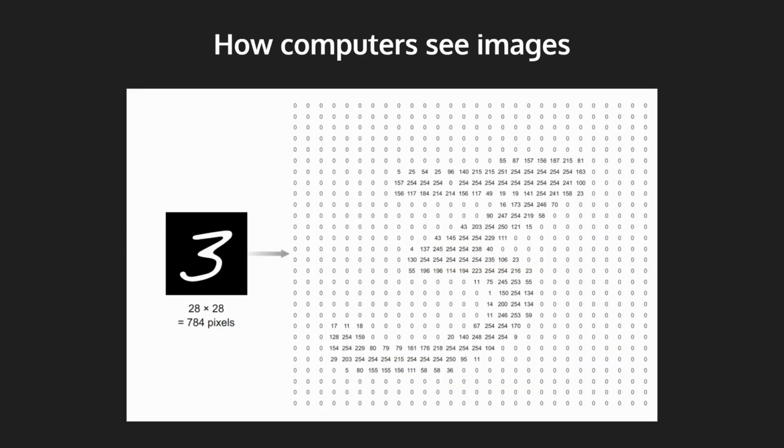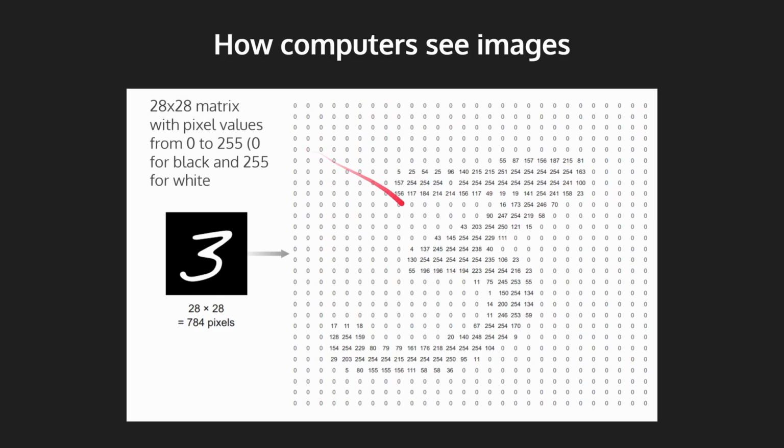So let's talk about how computers see images. Instead of feeding a raw image into our model, our computer actually sees an image as a matrix of numbers. In this case, 0 will be black and 255 will be white.